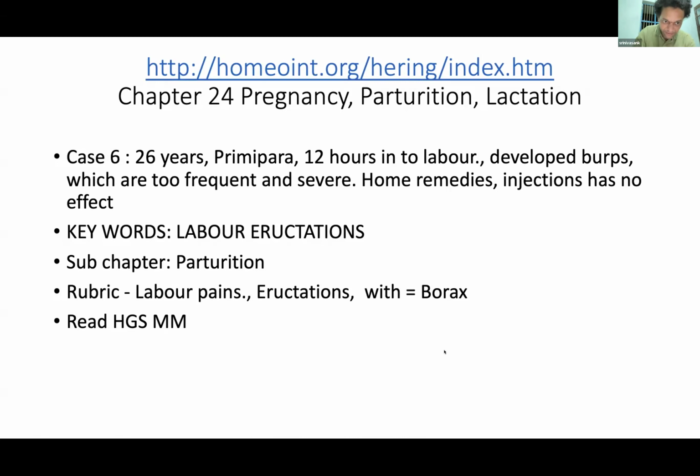That is what the patient is having. So chapter 24, subchapter parturition, rubric labor pains, eructations with. Remedy is Borax veneta. On giving Borax veneta, eructation stopped quickly and labor was smooth and painless.